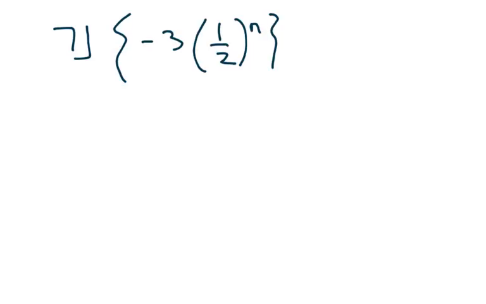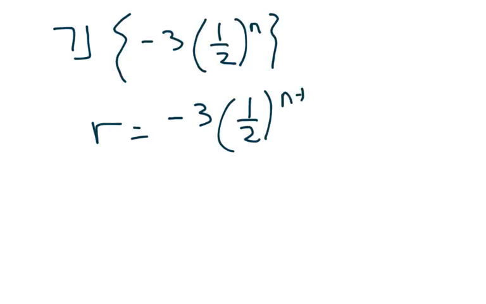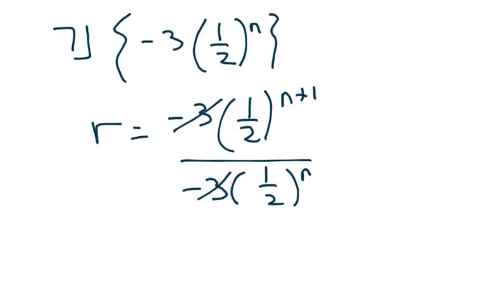So the ratio is negative 3 times 1/2 to the n plus 1 over negative 3 times 1/2 to the n. Now, the negative 3's would cancel here. So basically we get 1/2 to the n plus 1 minus n, which gives me 1/2.